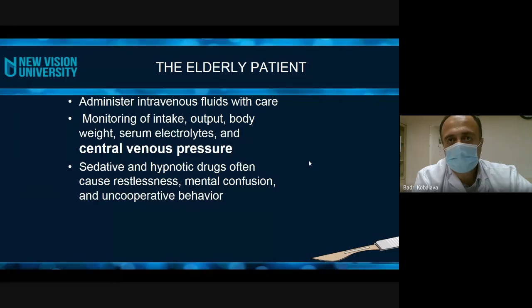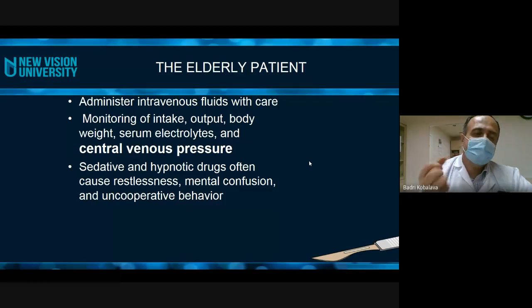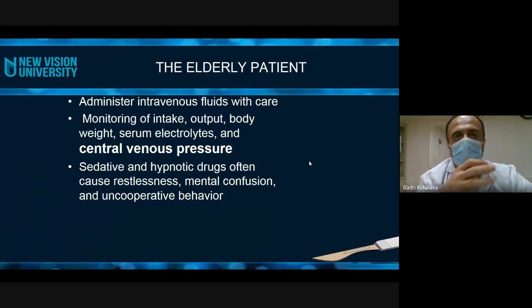If you infuse intravenous fluids in a young individual, the heart quickly adapts to the preload, increases minute volume, and pumps this fluid on the other side. But elderly people can develop congestion of the blood, especially in the pulmonary artery, leading to pulmonary edema.